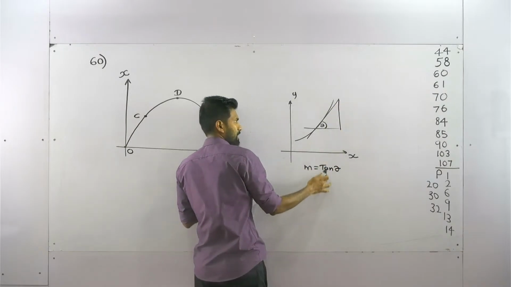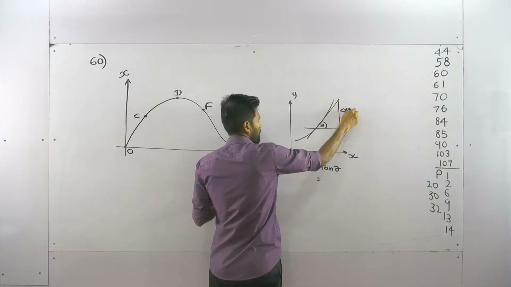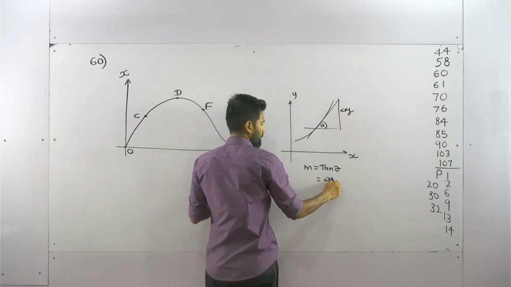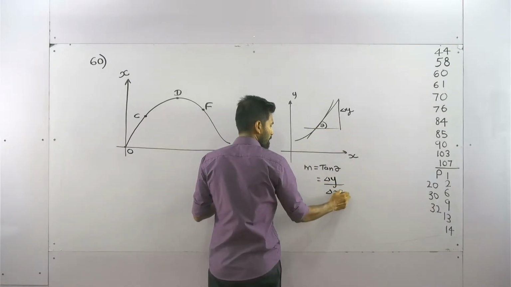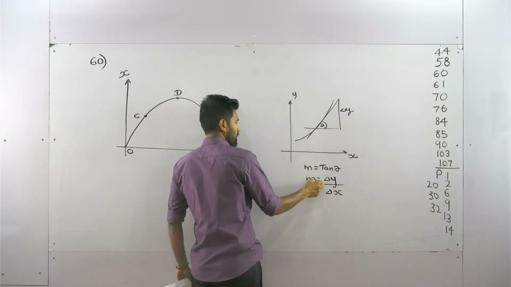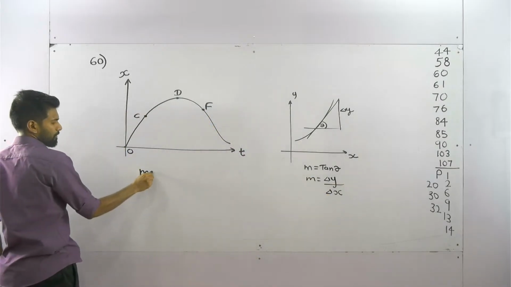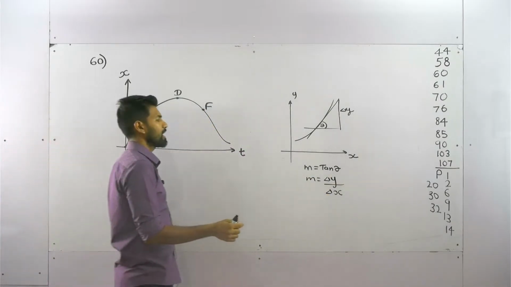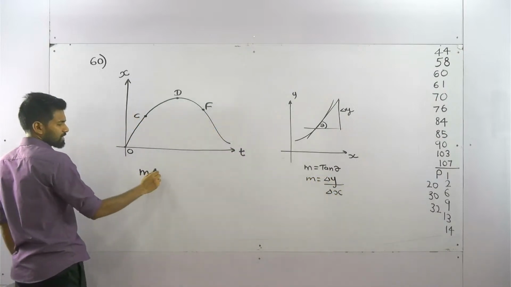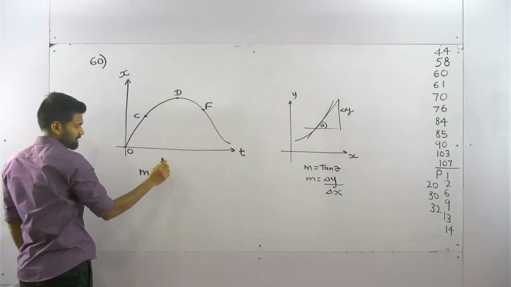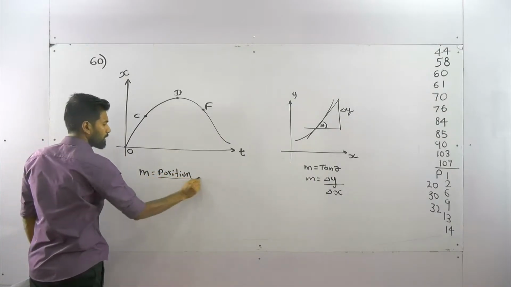To take tan theta, the opposite leg will provide the difference in the y coordinate, and the adjacent leg will give you the details about the x coordinate. So the gradient is delta y over delta x, whatever the graph. So here the gradient is the difference in the position over time.